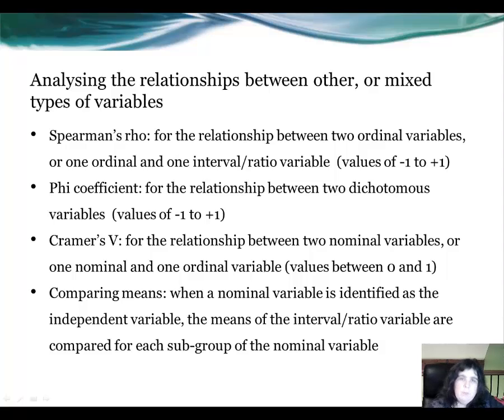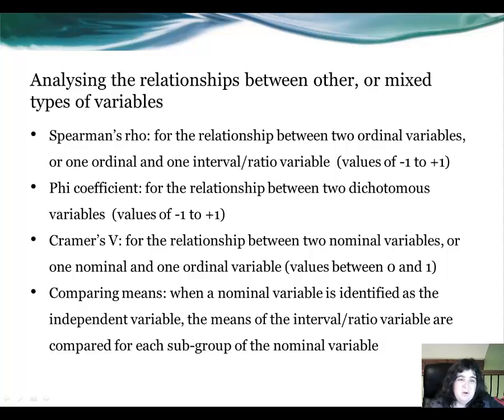So knowing when to use these forms of statistical analysis, you need to understand what your variables are. So going back to ordinal, nominal, interval and ratio, the interpretation of those is quite important for you.